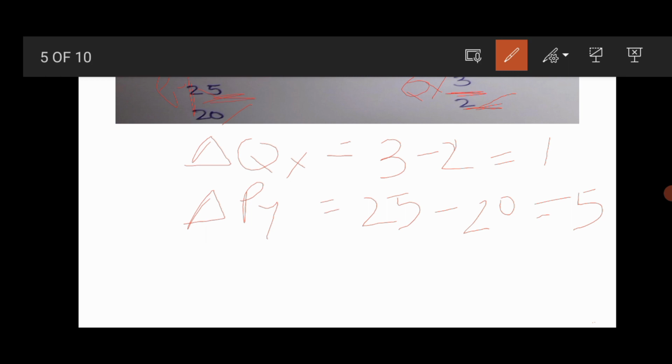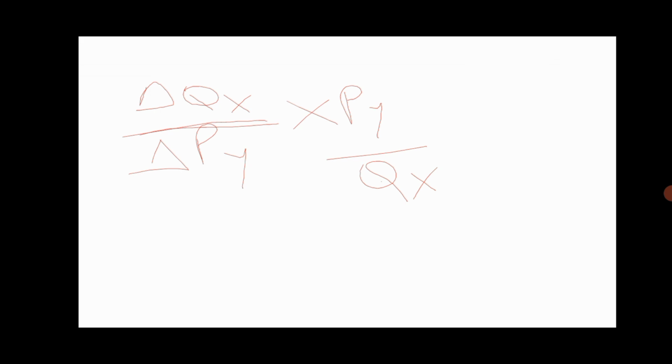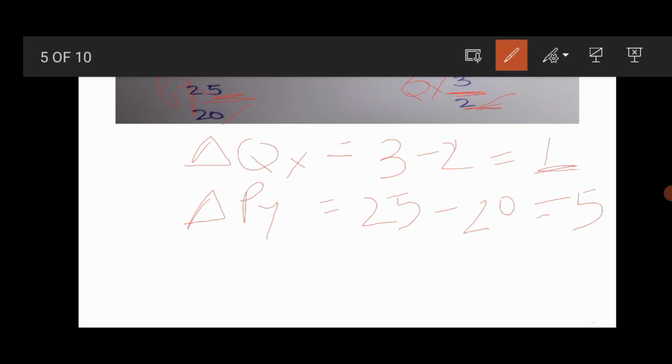Now we will go for applying the formula. What is the formula? Delta Qx divided by delta Py, into Py divided by Qx. This is our formula, and we know delta Qx, which we already calculated, that is 1, and delta Py is 5.